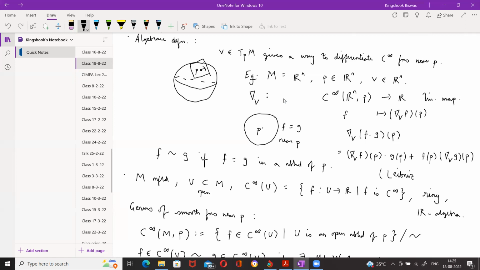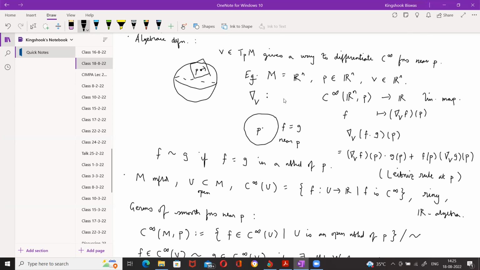And it turns out that this purely algebraic property, linearity plus the Leibniz rule at P, is enough to characterize these maps nabla V. In other words, if I have a linear map from C infinity(Rn, P) to R which satisfies the Leibniz rule at P, then it must be of the form nabla V for some unique vector V in Rn.